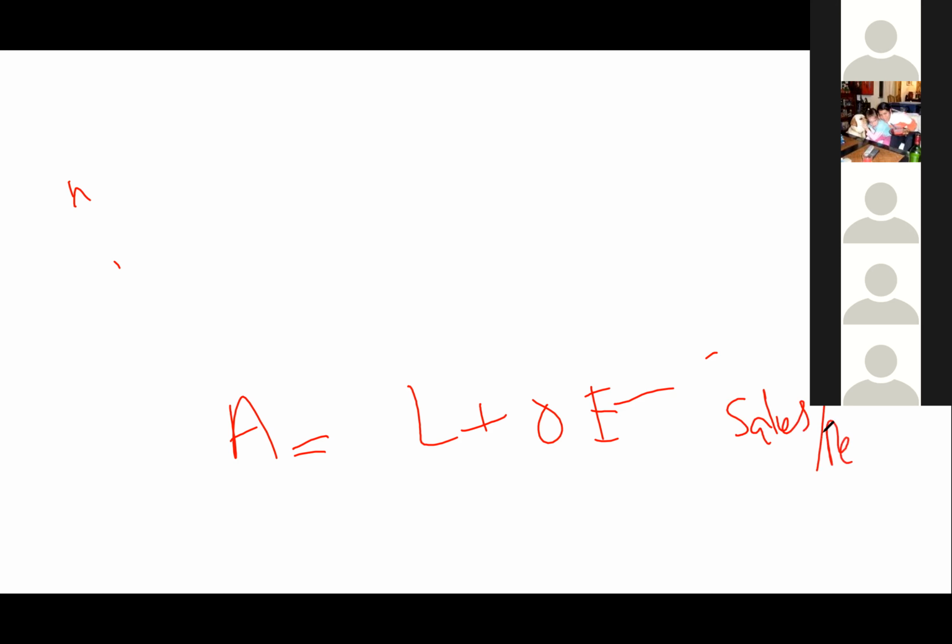So what is the accounting equation? Assets is equal to liabilities plus owner's equity. And owner's equity also includes stock, revenue, and also expenses.